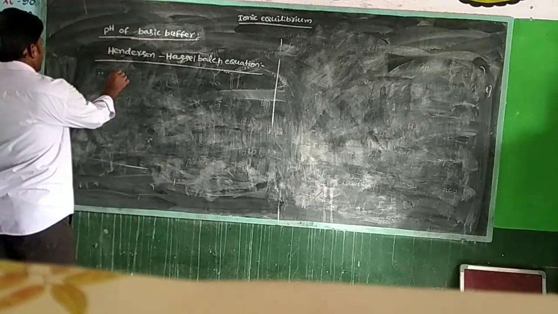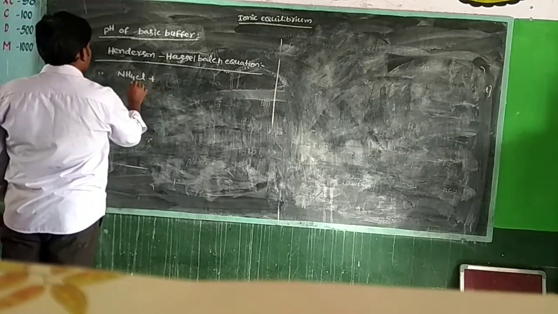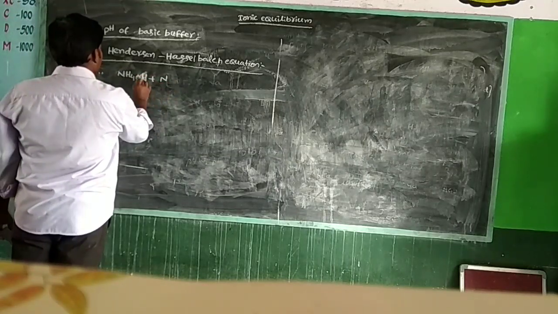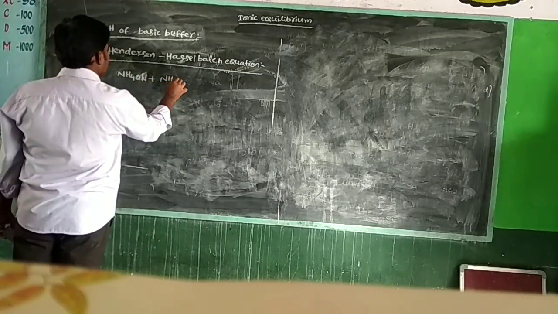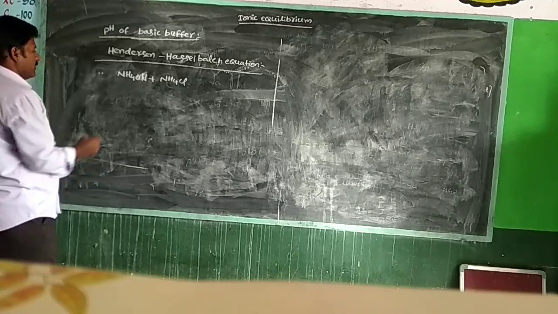For example, NH4OH plus NH4Cl. This is the example for a basic buffer.